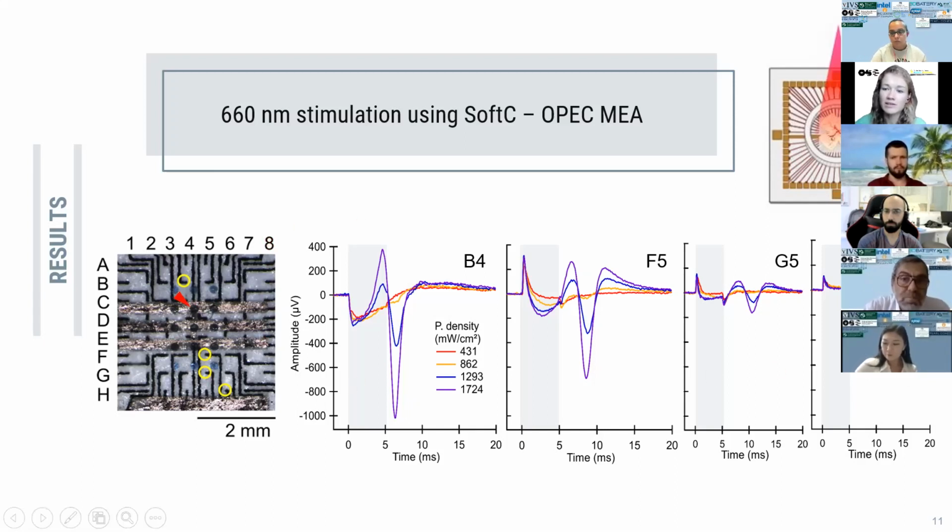And here on the right, you can see the direct responses to light stimulation. And why I'm showing several graphs here is that we can also confirm that this is a direct response to stimulation, because the signal is propagating at a specific speed. So this is one of the confirmations.